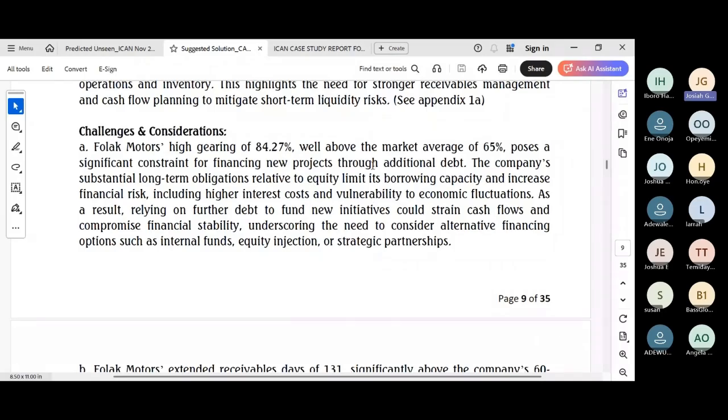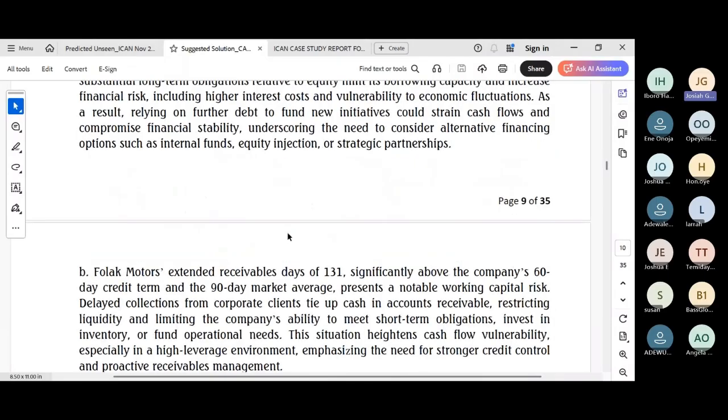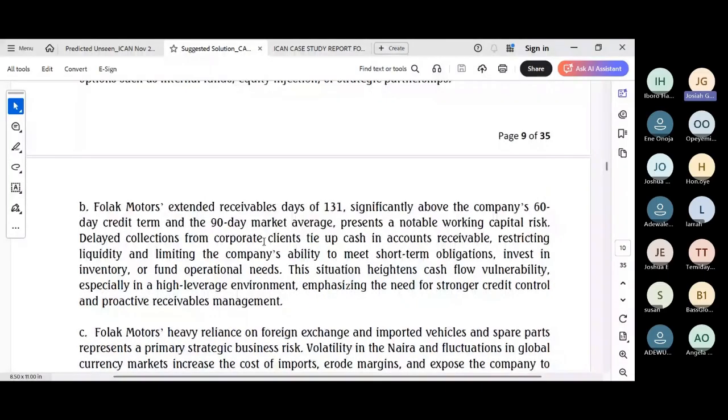Okay, so we're speaking to the thoughts on the high gearing, and this could be a challenge we're trying to address. Then for the second point, we're saying that the extended receivables of 131 days, significantly above the 60-day credit term, could be a challenge. We said this situation heightens cash flow vulnerability, especially in a high leverage environment, emphasizing the need for stronger credit control and proactive risk management.